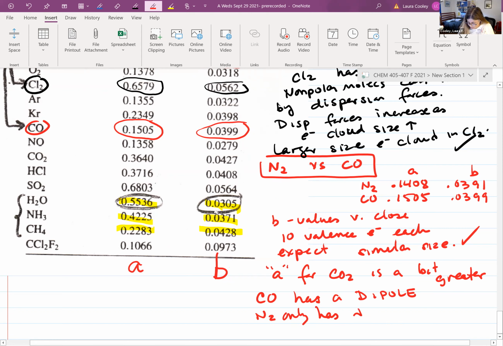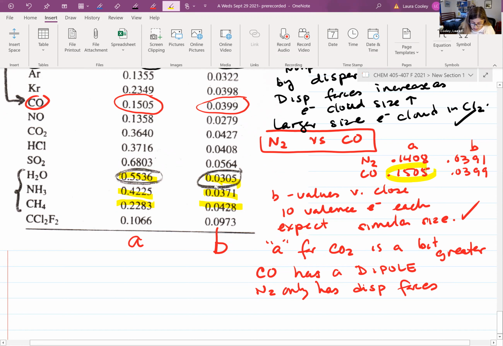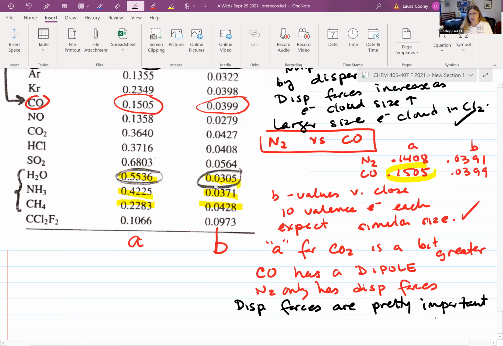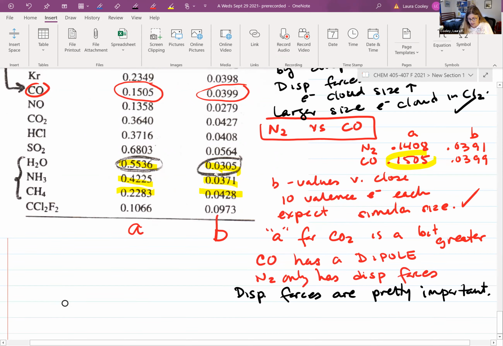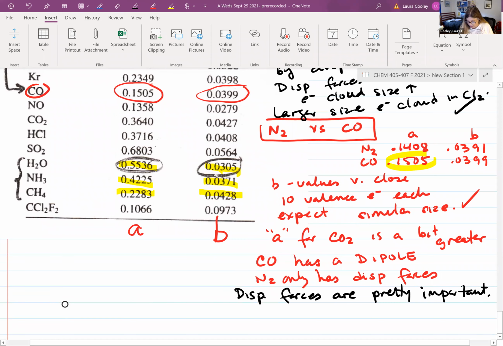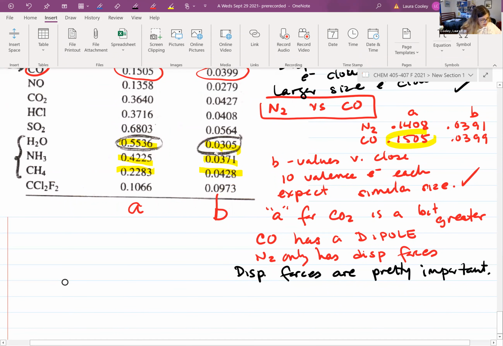In fact, you might expect it to be even a little greater than that because it has a dipole. But what you can conclude from all this is that dispersion forces are pretty important. Because if they weren't important, then CO would really have a much greater A value than N2. So it's interesting to look at these numbers and compare them to your general chem knowledge about these molecules.